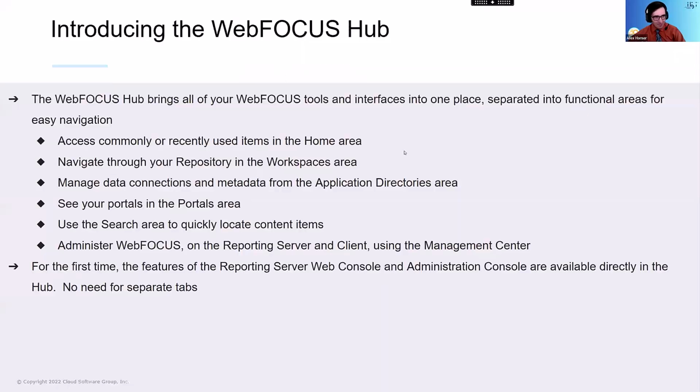We've broken it up into several different views that you can access from the sidebar, and that includes reporting server features and administration features, as well as ReportCaster features that used to be in completely separate windows that you needed to open and access separately.